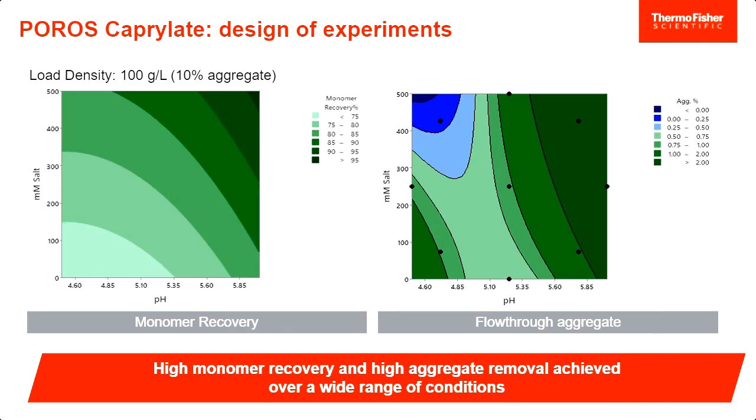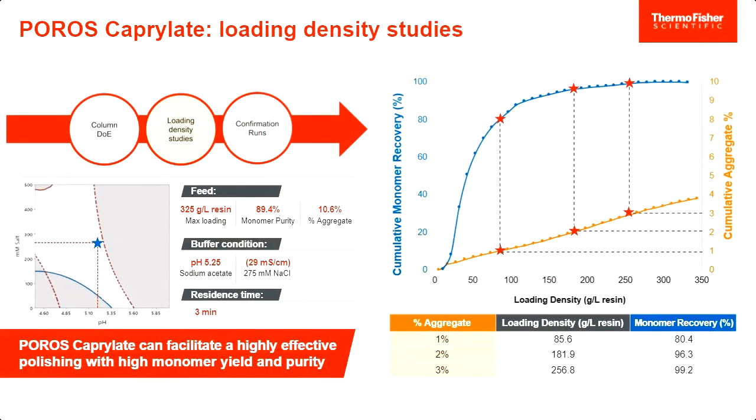So focusing just on the one point within that window of operating conditions that we saw previously, we performed a load density study to assess the capacity of aggregate just at that one point. We selected pH 5.25 and 275 millimolar sodium chloride.